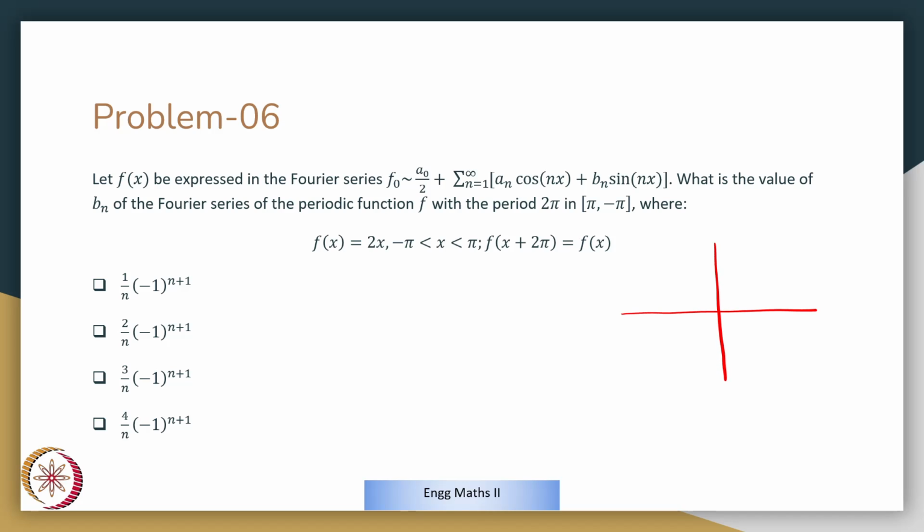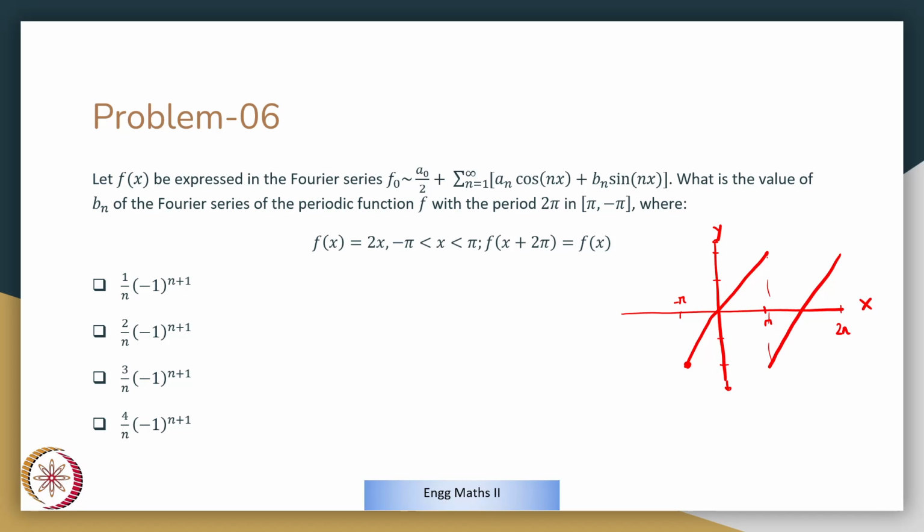So for our case, this is x, this is y, and f of x goes to, suppose this is minus pi, this is pi, this is 2 pi, minus 2 pi. So f of x goes like this, then another like this.